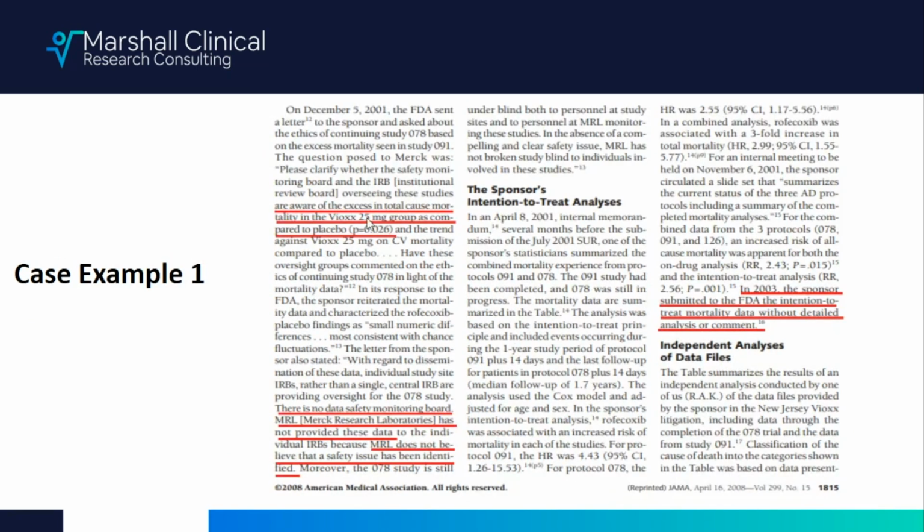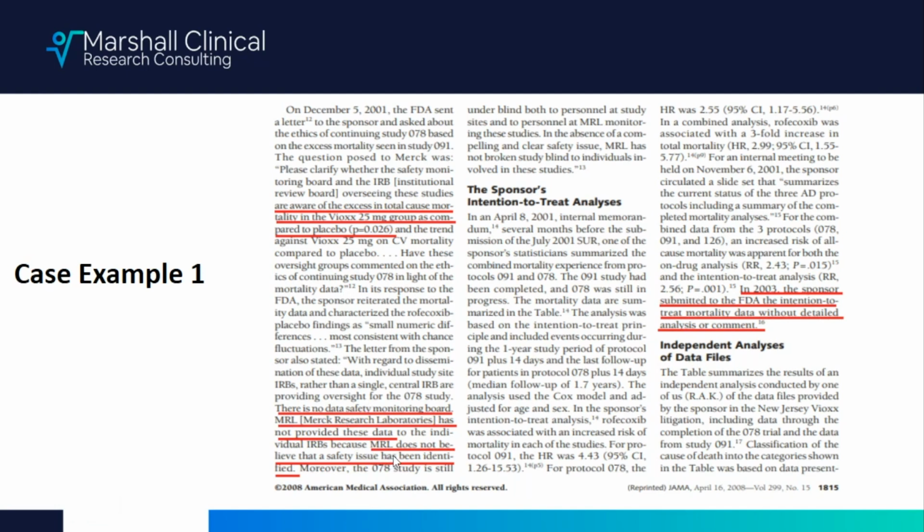Okay. So the company was aware of the excess in total cause mortality in the Vioxx group, which was the rofecoxib group, as compared to the placebo group, and it was significant. This p-value was 0.026. And they later found out there was no data safety monitoring board being formed by the pharmaceutical company.